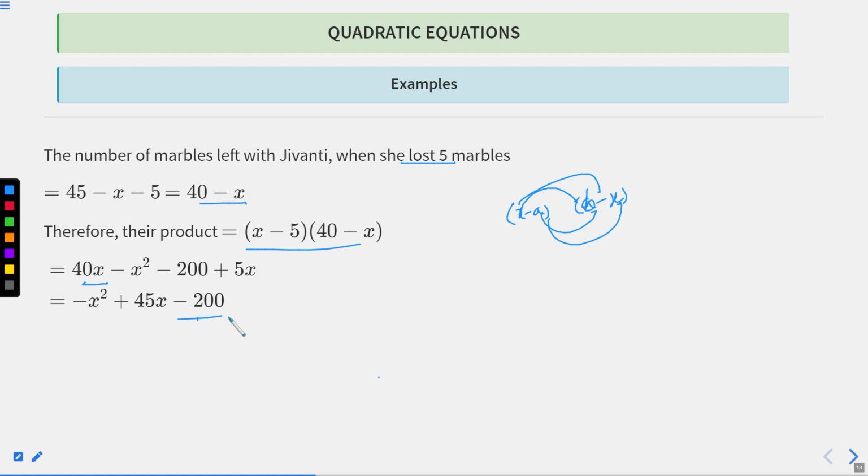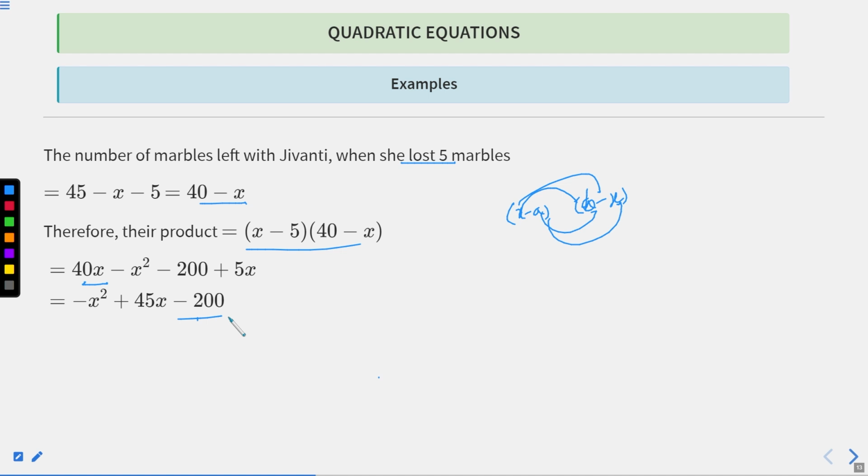So the marbles left with John and Jivanti are x minus 5 and 40 minus x, and the product of their marbles is x minus 5 times 40 minus x, which simplifies to minus x square plus 45x minus 200.